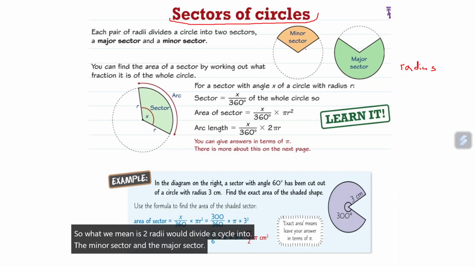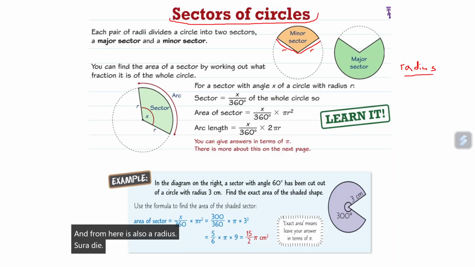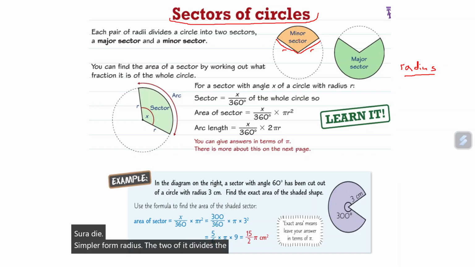Remember, this line here from the center of the circle is a radius, and from here is also a radius. Two radii divide the circle into a minor sector and a major sector.